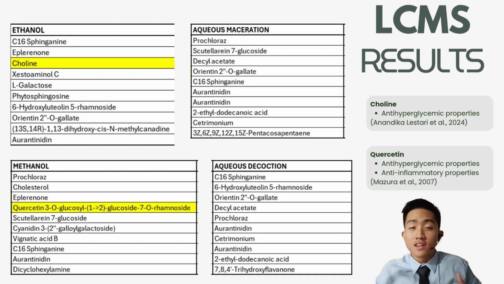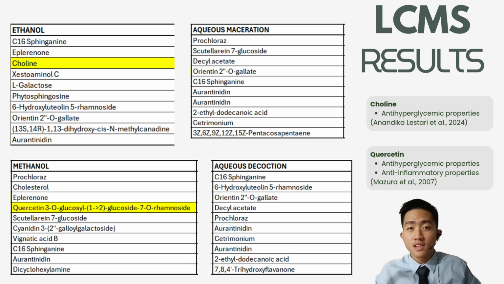Finally, we look at the LCMS results. Based on the LCMS results, these are the top 10 compounds with the highest peak recorded for each sample. For the ethanol sample, there is one compound responsible for anti-hyperglycemic activity based on previous study identified, which is choline.